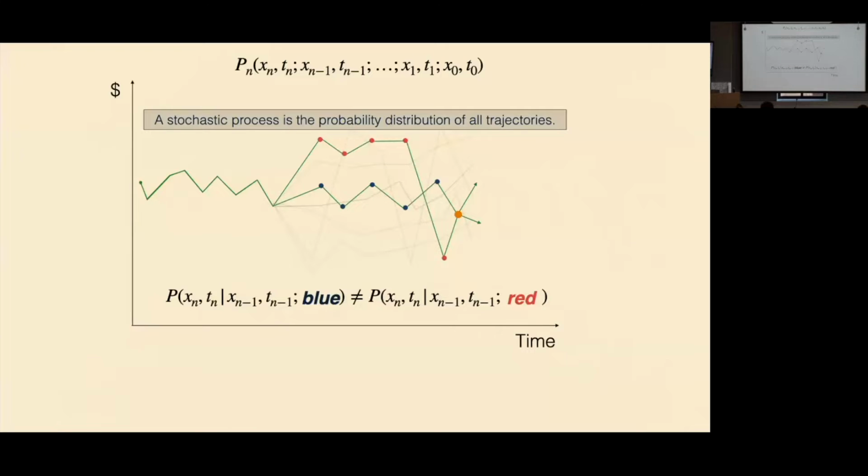That may depend on whether the red trajectory was realized or the blue trajectory was realized. That is the idea that the history matters, and that's non-Markovianity. Right? So classically, this is well defined. In quantum, people have argued, although it's still well defined, and we'll get to that in a bit.